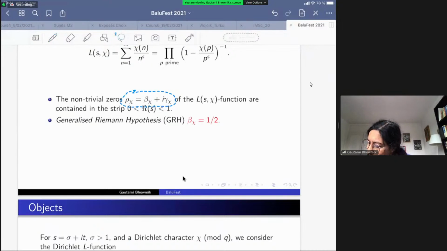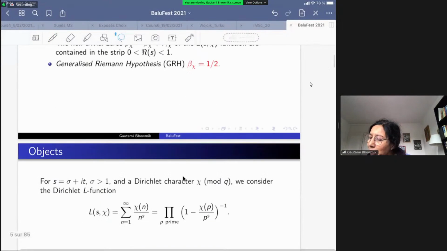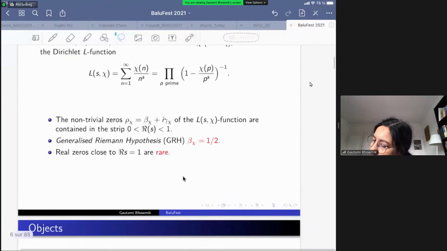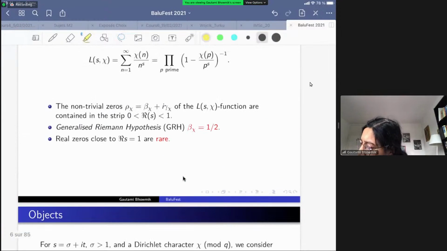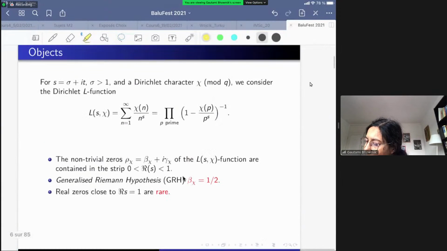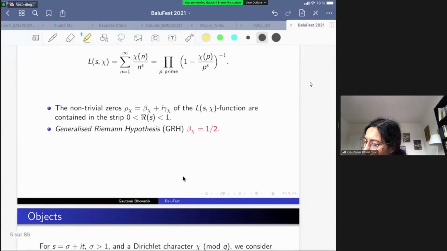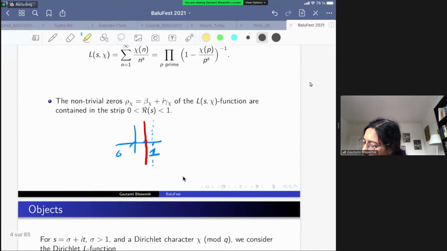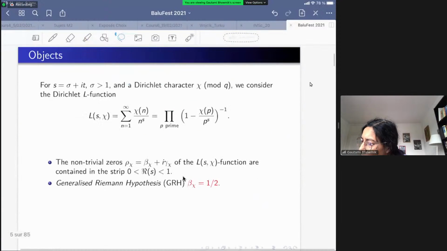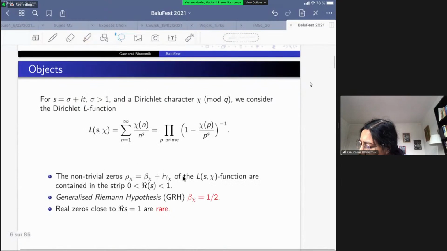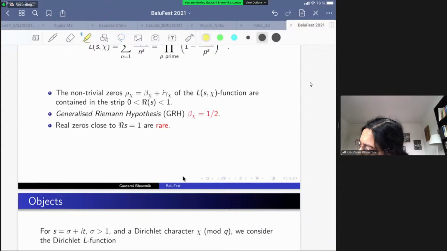And then what do we know? We know that the real zeros which are close to real s equal to 1, this doesn't happen very often. If you are close to this line here, then this doesn't happen very often. So these are indeed rare. They are real and they are rare.